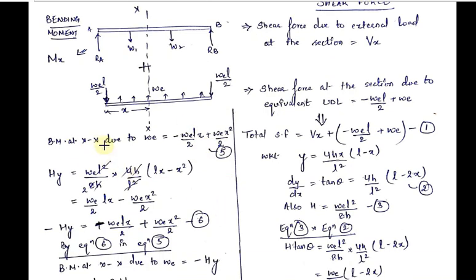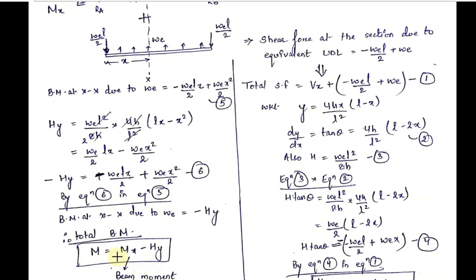So the bending moment at the section due to w will be equal to minus hy. Therefore, the total bending moment will be equal to the moment in the first part plus the moment in the second part. The moment in the first part is Mx, and the moment in the second part is minus hy, so Mx minus hy. So by using this equation, I can find out the value of the bending moment at any section in a two-hinged stiffening girder.